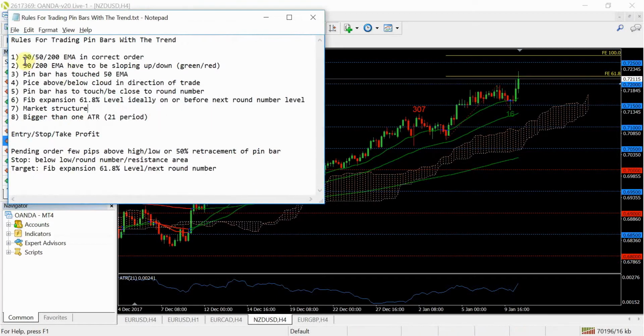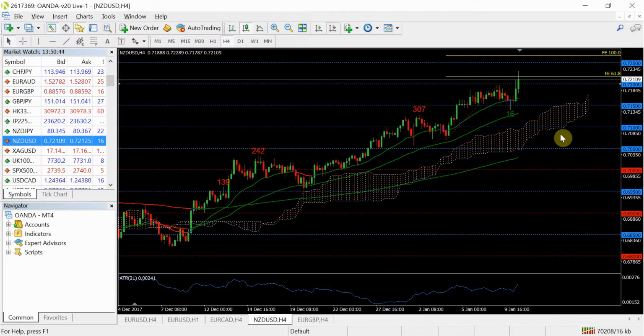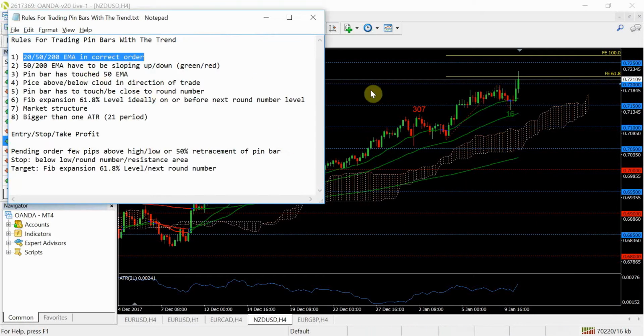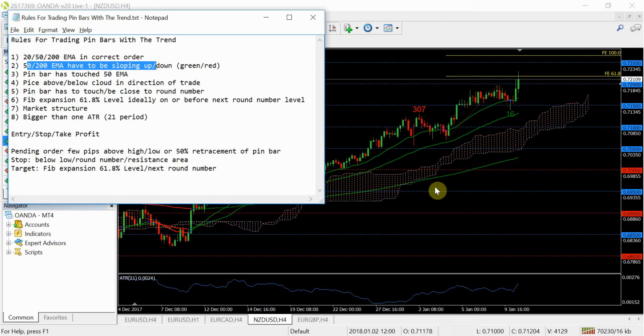The first rule I look at is that the 20, 50 and 200 EMA are in the correct order. For a long trade, it needs to be closest to price 20, 50, 200, which it is. The 50 and 200 should be sloping up, or should be green, just to show that it is a short-term pullback.